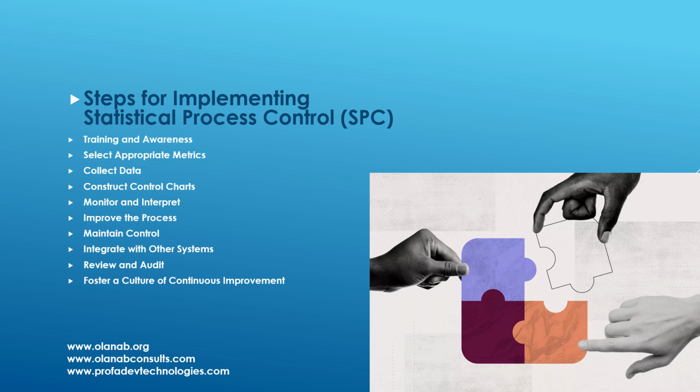The following are some steps in implementing statistical process control in a typical manufacturing organization, or any other type of organization.